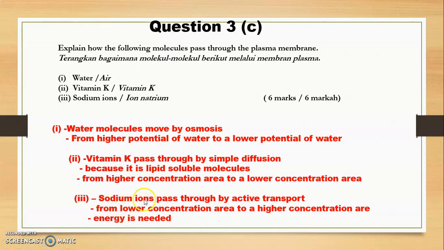So please memorize examples of the ions that move by active transport. Example sodium ion, potassium ion, protons, hydrogen ion. Those are examples of active transport.